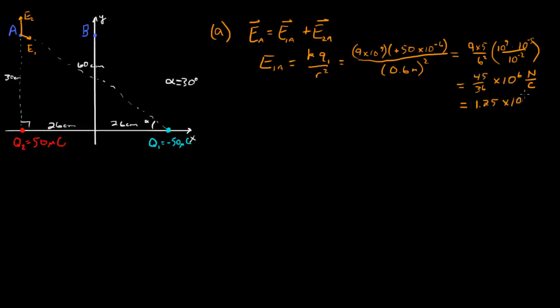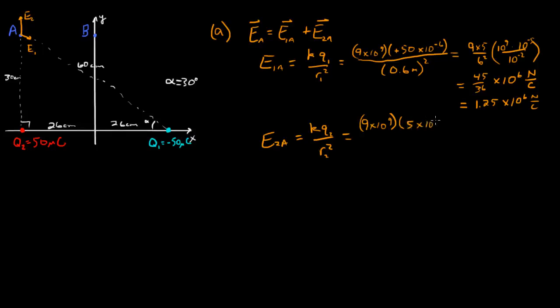Now we need to find E2 at A. Again, it's just K times the second charge over R squared. R really should have a subscript on it. This would be R1, and now we're dealing with R2. Again, 9 times 10 to the 9th. Q2 is 50 times 10 to the minus 6.